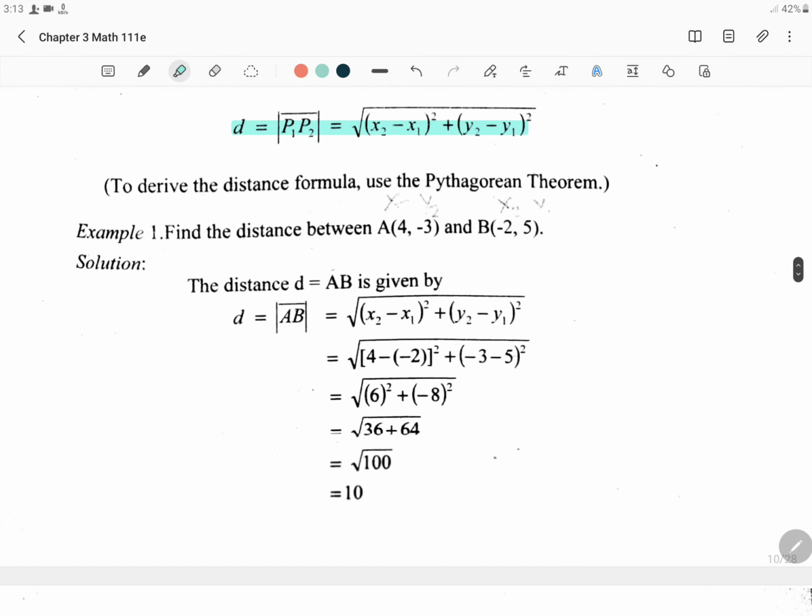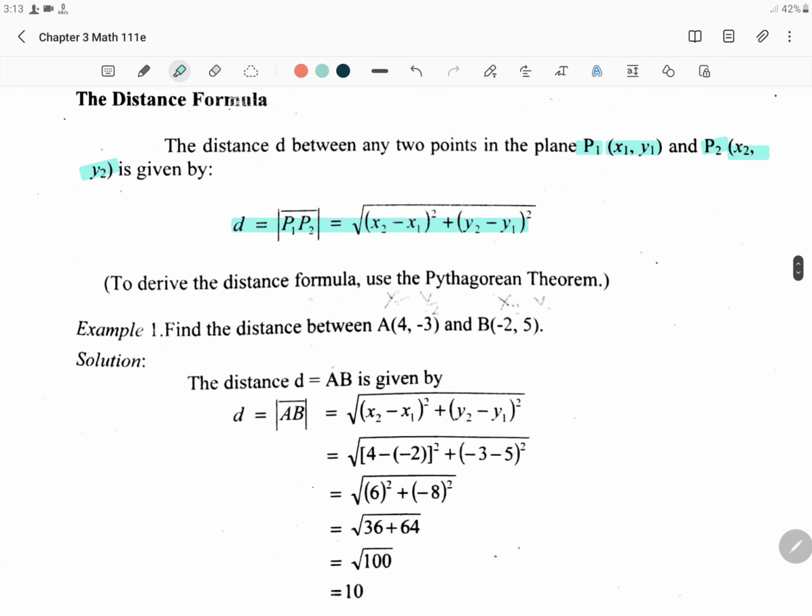Now, actually, to derive the distance formula, use the Pythagorean theorem. Okay? Pythagorean theorem lang yung gagamitin natin. So, in Pythagorean theorem, remember that we have c squared is equal to a squared plus b squared. Hindi pala to c squared, sorry, that is only c.